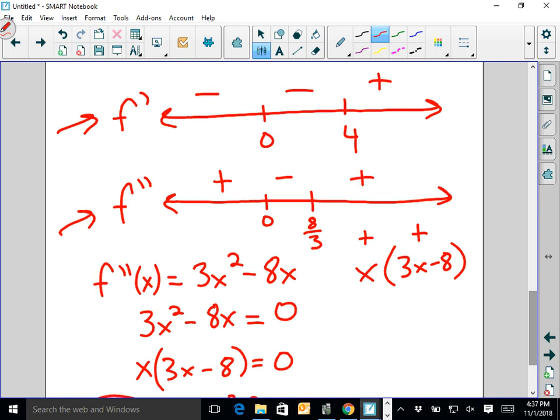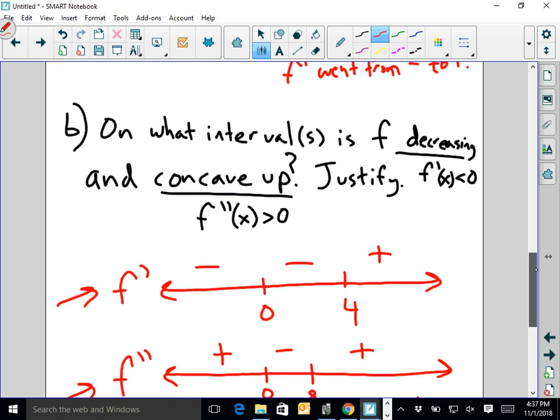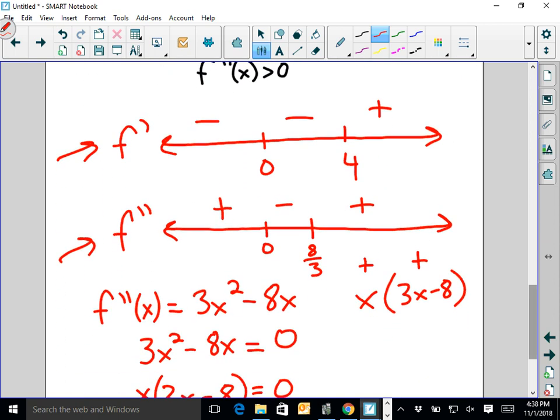So now what I want to do is report. I always go back and ask, what am I looking for here? I'm looking for f prime to be negative and f double prime to be positive. When I look at this part of the graph out here, that's exactly what I have.